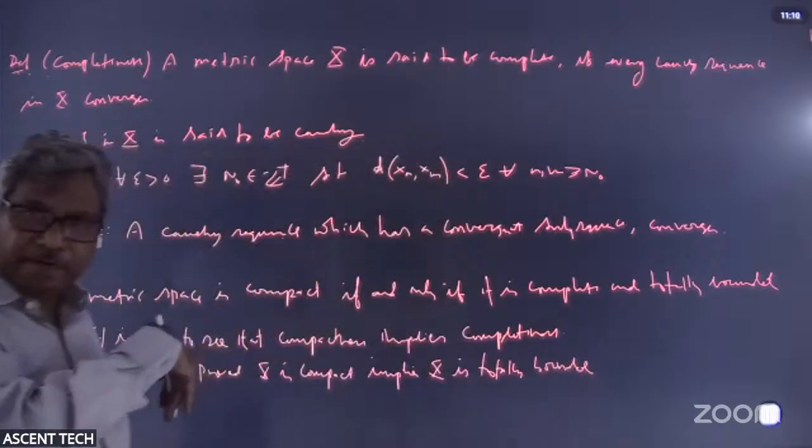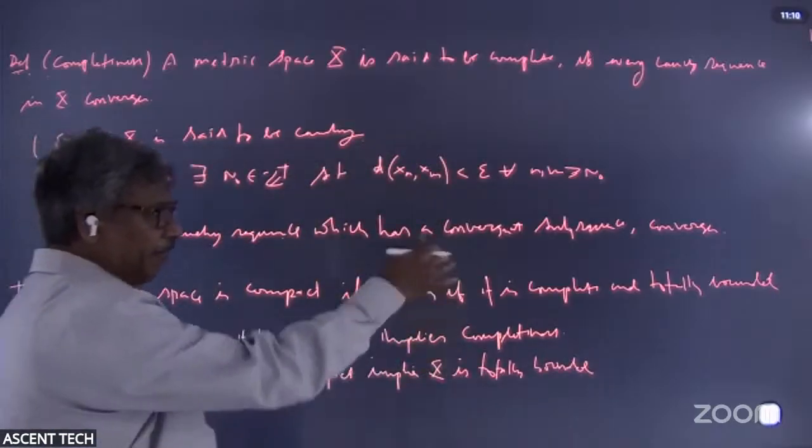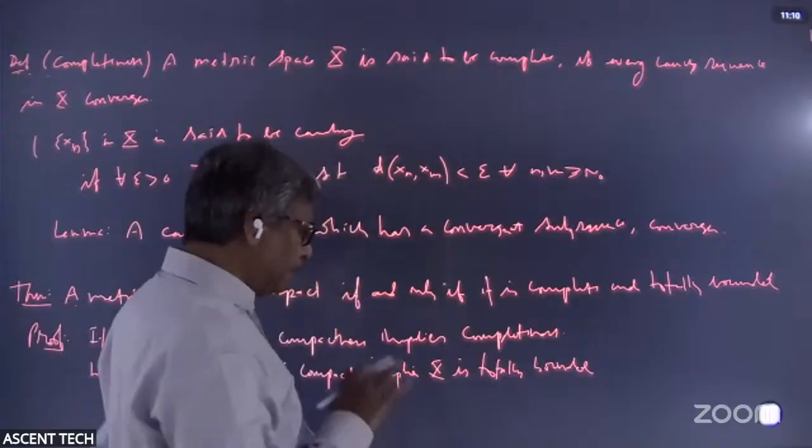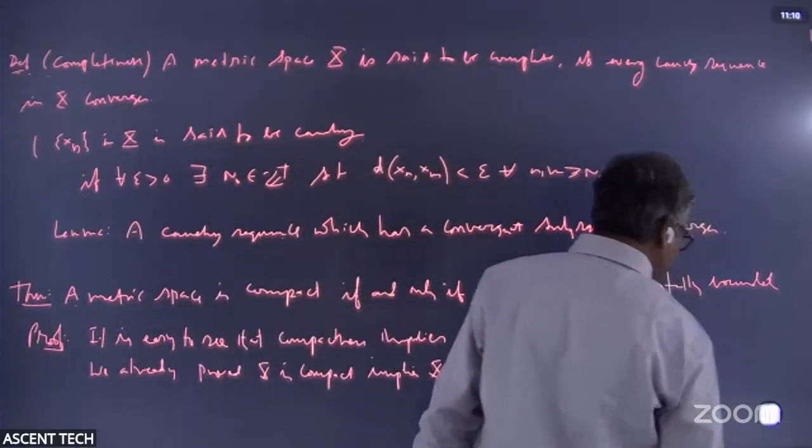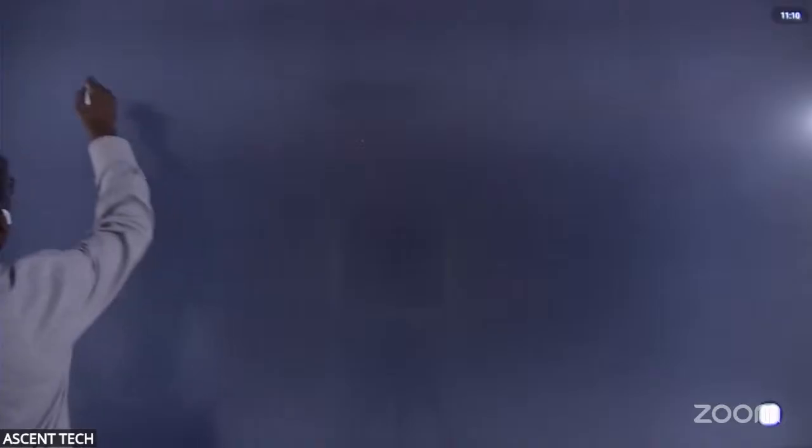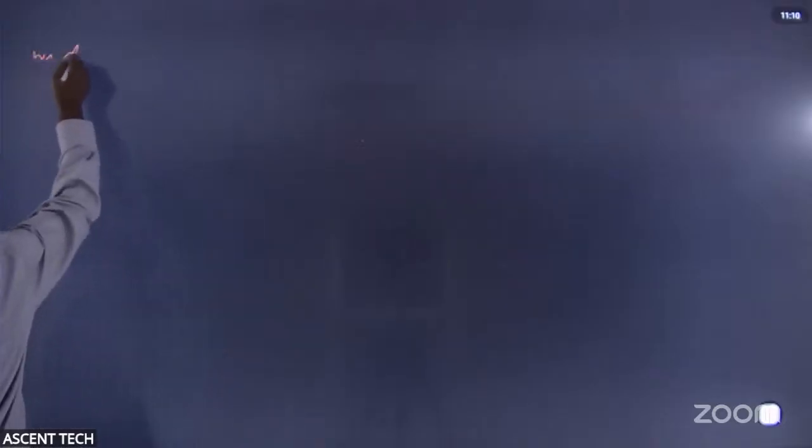So I have to prove the other way around, that complete and totally bounded implies the space is compact. That is what I'm going to prove.